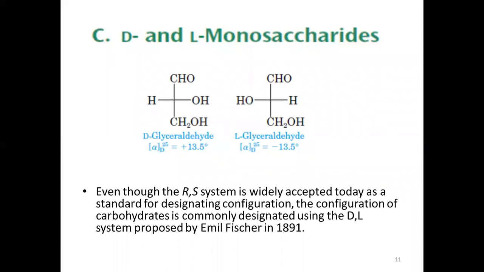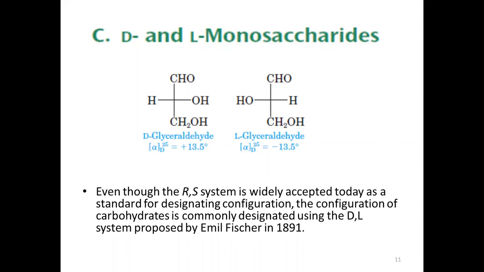These two are just mirror images of each other. We call these enantiomers. They have the same connectivity, but differ only in orientation in space. The only property that differs is the rotation of the plane polarized light, if you remember your organic chemistry.